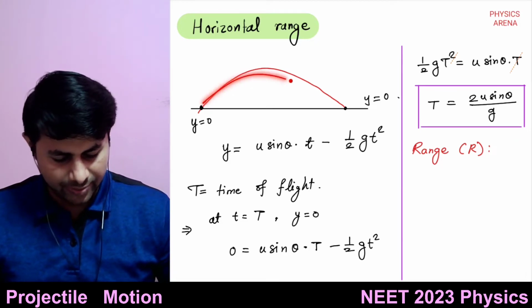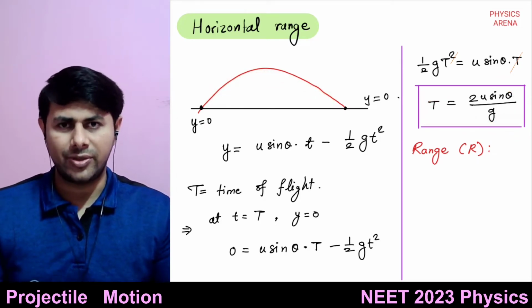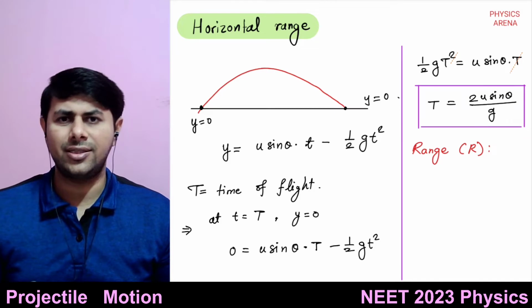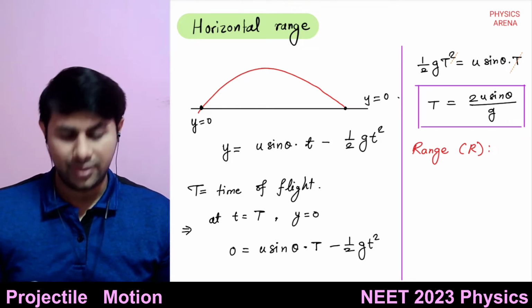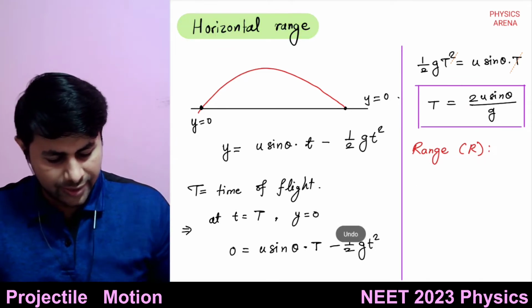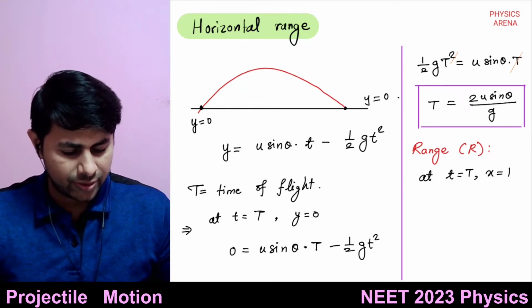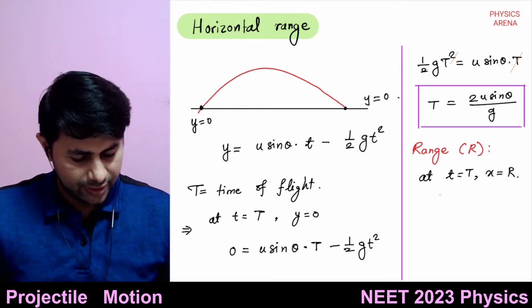It takes this much time to cover that distance, and we know the distance covered in the x direction: x is just equal to ux times t, velocity multiplied by time. So at t equals T, x is equal to the horizontal range. This is clear?